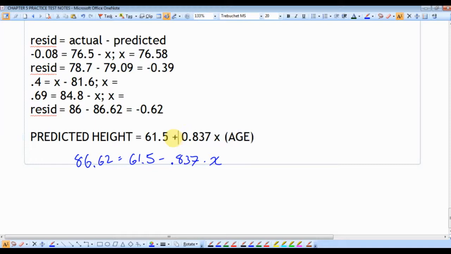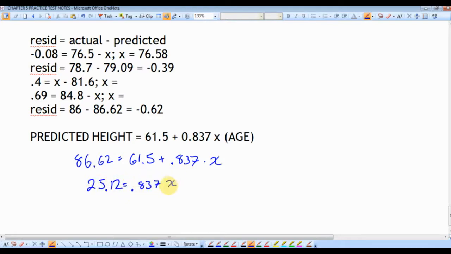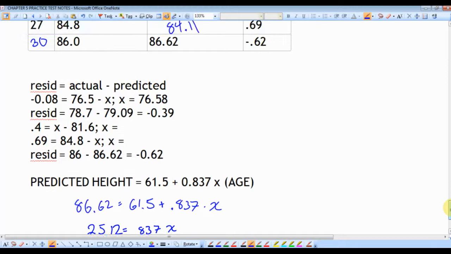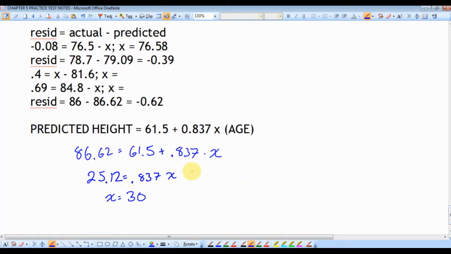What did I do wrong? Okay, so we would do the algebra and then just solve for x. Yeah, and I'm sure I'm going to get 30 here. And that's where the 30 comes from.